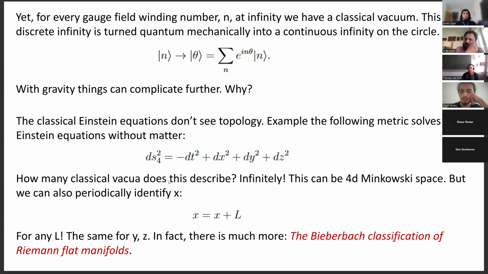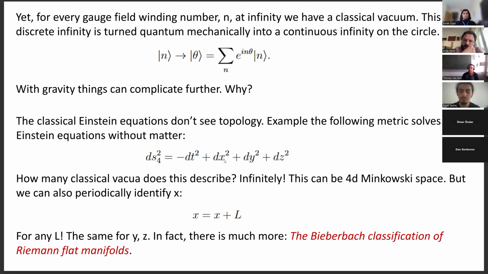And one way to see that is that Einstein's equations are blind to topology. Yes, this can be the metric on 4D Minkowski space, but it doesn't have to be the metric on 4D Minkowski space. A trivial example is that I can decide to periodically identify the coordinate x.